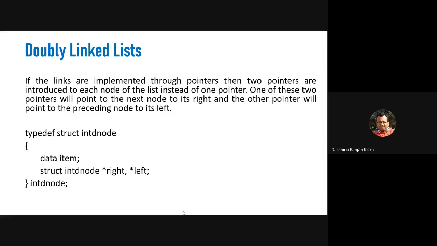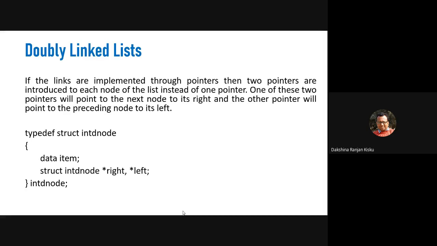So here you are going to create a doubly linked list. In the doubly linked list, you need to deal with two pointers, right pointer and left pointer. Right pointer will point to the forward node or the next node, and left pointer will point to the previous node.